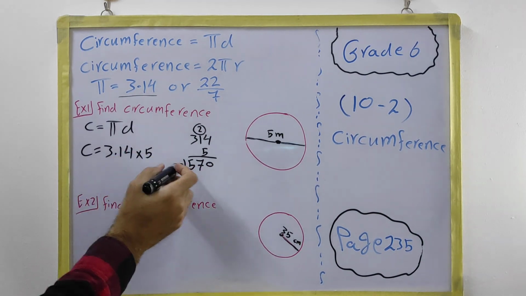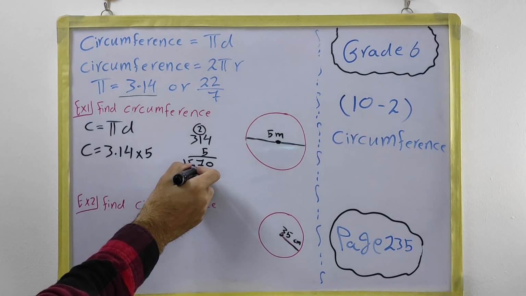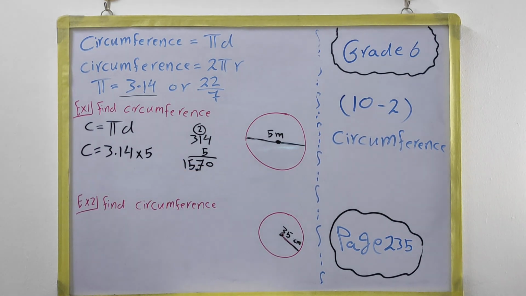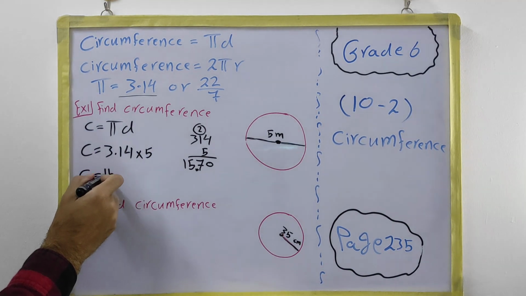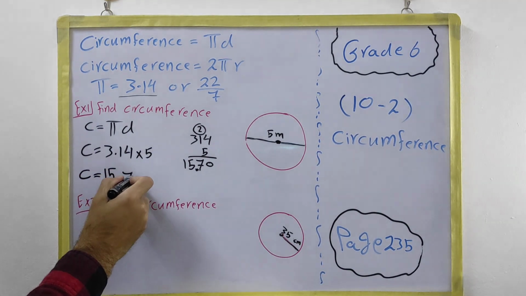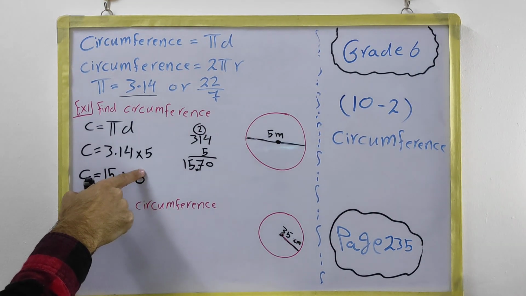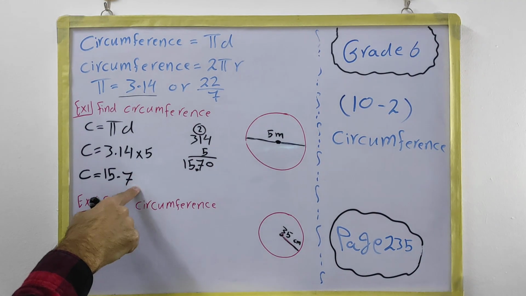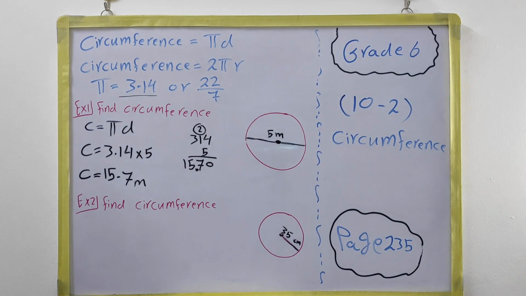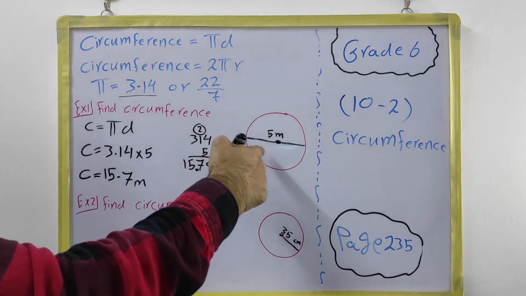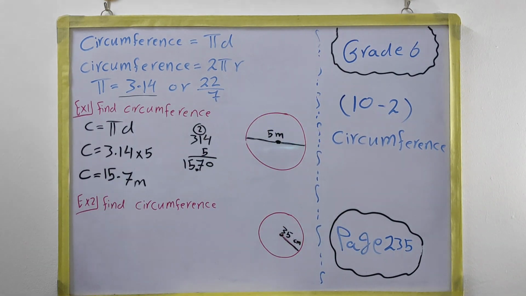We had two numbers after the point, so we count 1, 2 and put the point, so the circumference is 15.70, or we can say 15.7, because zeros at the end after the point can be erased. So 15.7 meters is the circumference. If this is 5 meters, this would be 15.7 meters.